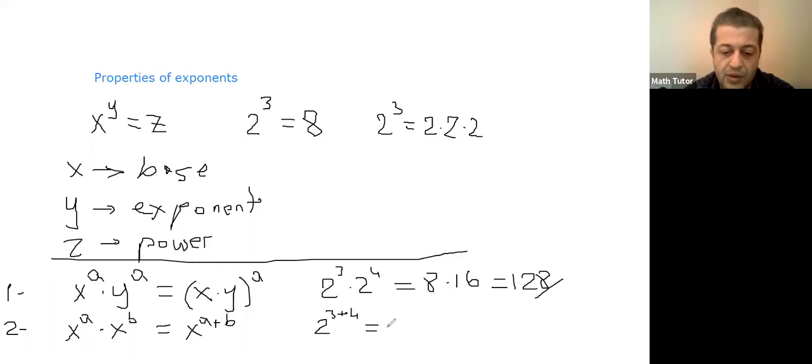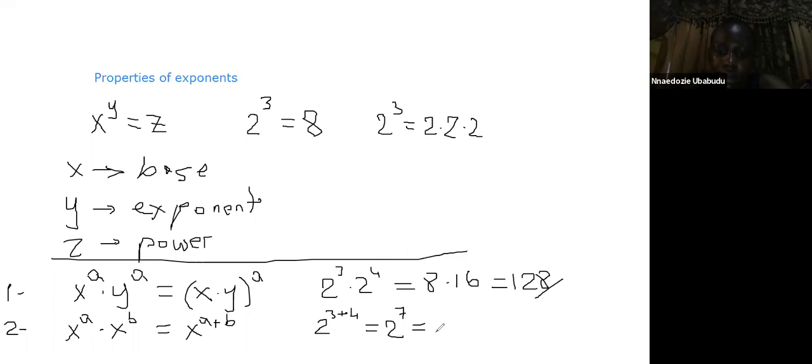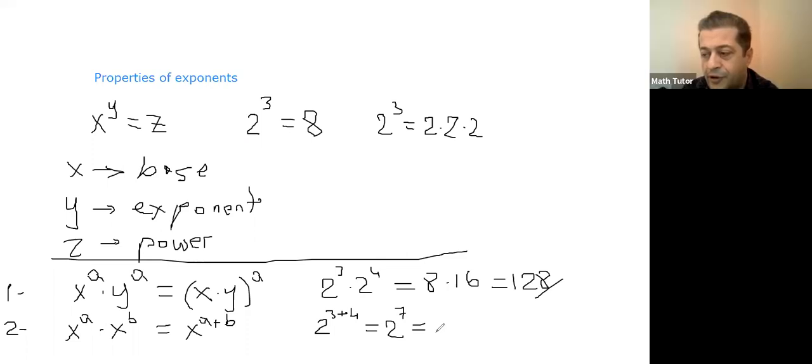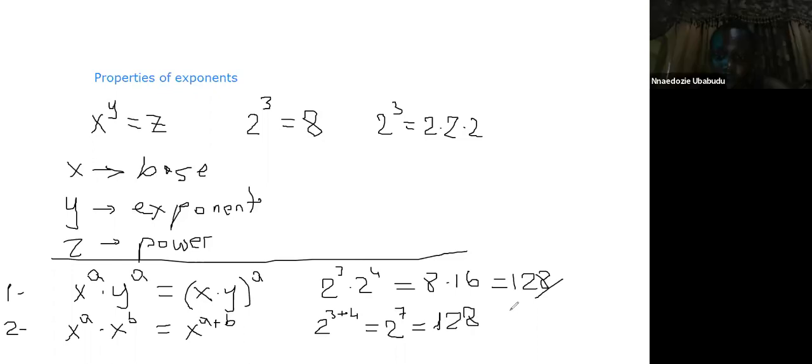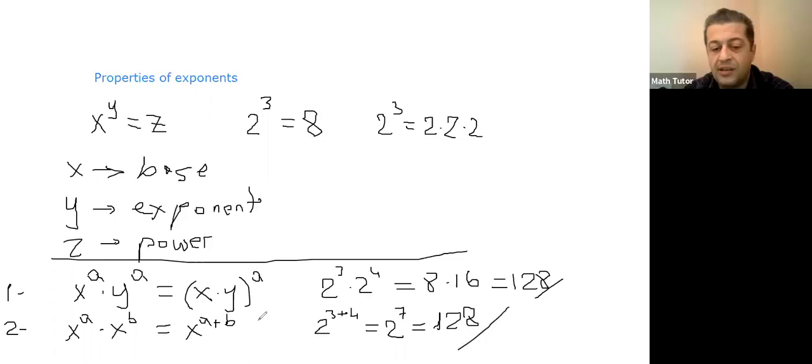This means we have 2 at power 7, which means multiplying the number 2 by itself 7 times. 2 times 2 is 4, 4 times 2 is 8, 8 times 2 is 16, 16 times 2 is 32, 32 times 2 is 64, and 64 times 2 is 128. So the property is correct.